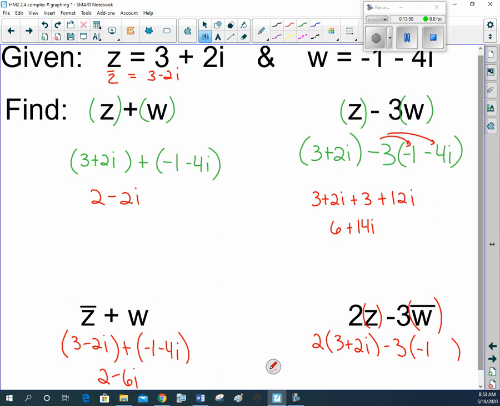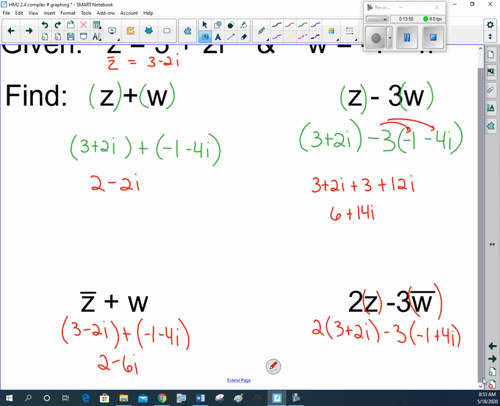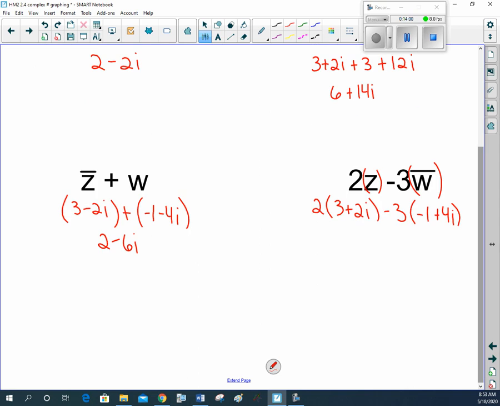And oh, it's got to be the conjugate of w, so I'm going to do -1 plus 4i, not subtract 4i. Okay, let me raise that up. Now I'm just going to do the distributive property, so 6 plus 4i plus 3 minus 12i. Combine my like terms, and I end up with 9 minus 8i.